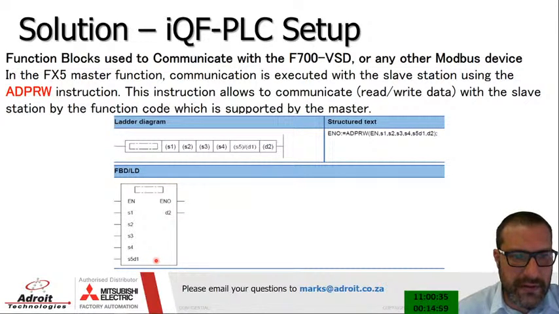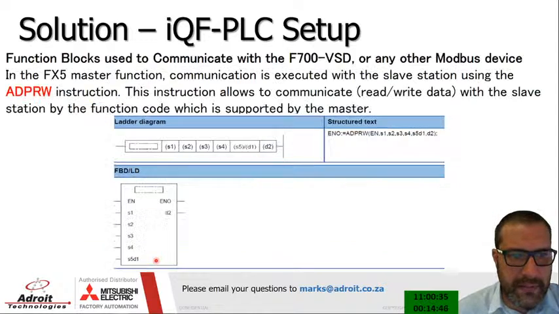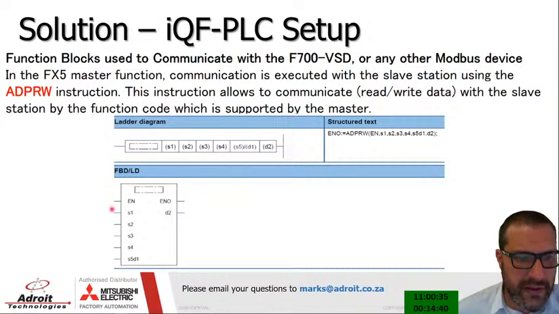So that will be that one address that we set up in the VSD. S2, that will be your function code. If you remember, this is the function code that we picked up earlier, that's 01, 02, 03. So that's what you would be setting up over there on S2.